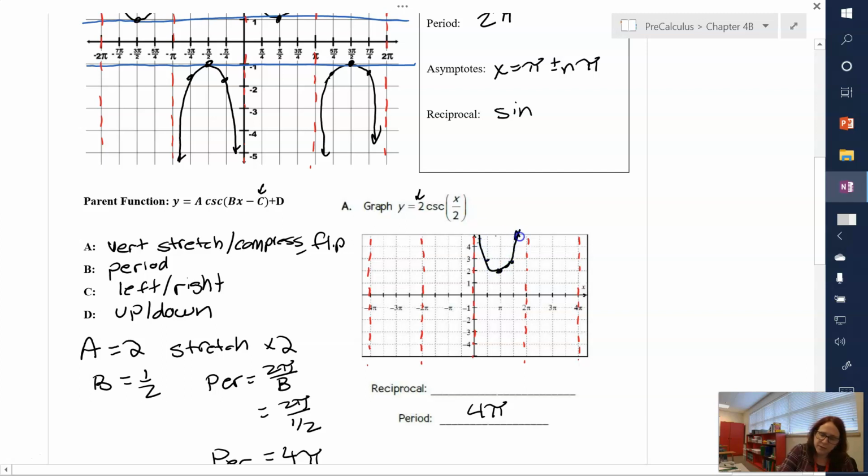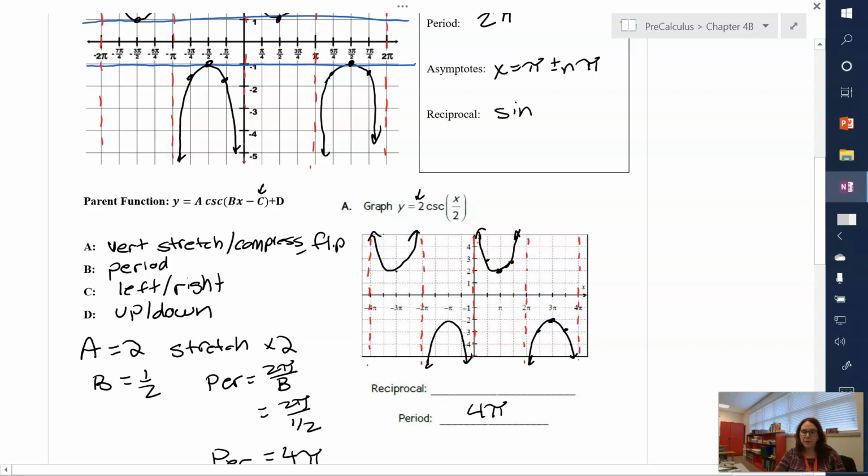So now this part of the graph looks like this. And then when I go negative, it's going to turn at negative 2. We're going to have a point at negative 2.8 and another at negative 2.8. It's going to look like that. And remember, this repeats. So I'm going to have 1 in here, and I'm going to have 1 in here.